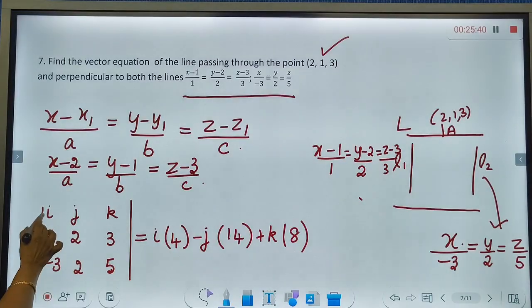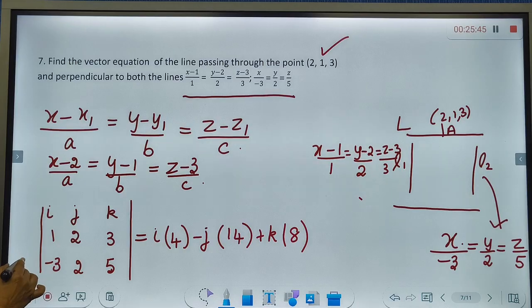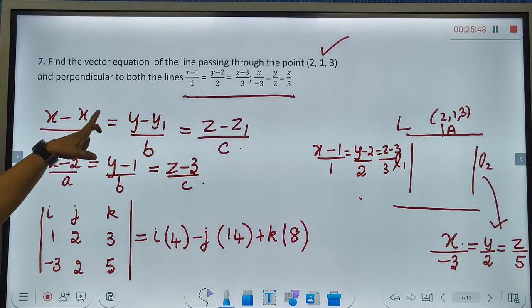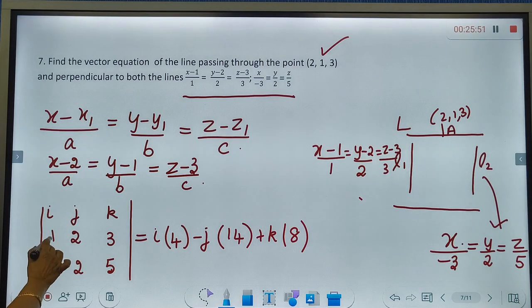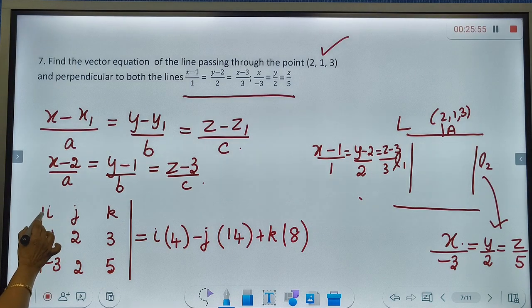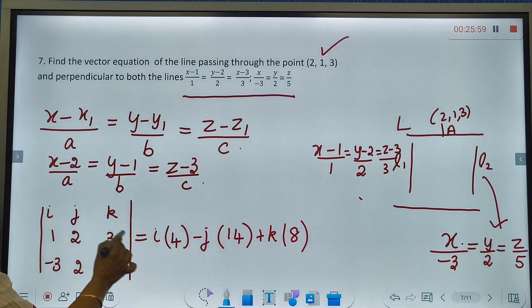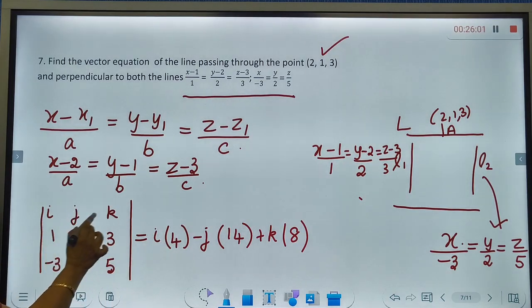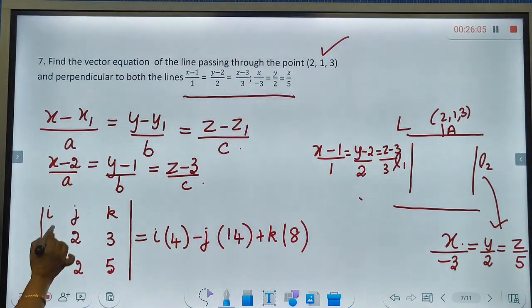What have I done? I have taken the ijk determinant because I want to find A, B, C. So I am looking at the cross product of the DRs of both the lines, which is 1, 2, 3 and minus 3, 2, 5. Now this will be i into 10 minus 6, which is 4, minus j into 5 plus 9, which is 14, plus k into 2 plus 6, which is 8.